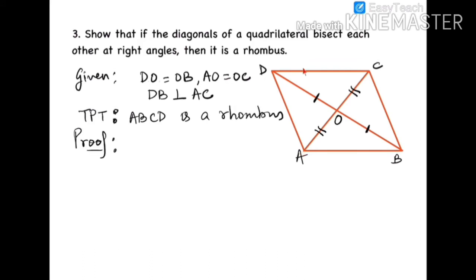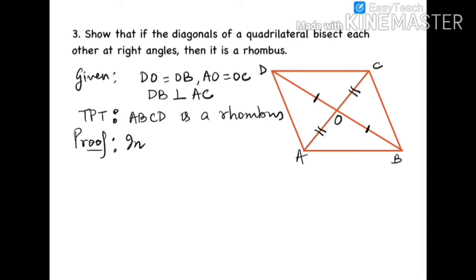In order to prove that this quadrilateral is a rhombus, we will have to show that all its sides are equal. To do that, we will prove two triangles congruent that contain these sides. So we will prove AB equal to DC by proving triangle DOC congruent to triangle BOA.